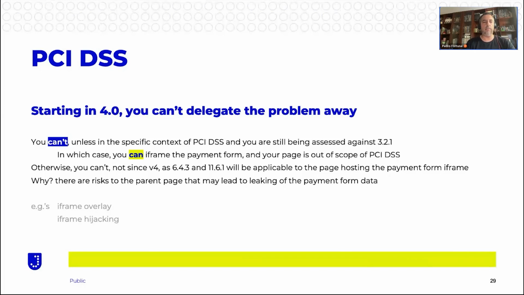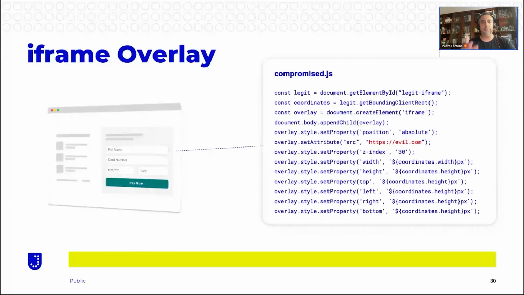I'll give you a couple of examples. The first one is iframe overlay. It's pretty simple. In this attack, a compromised script running on the page will create a second iframe and place it exactly over the real iframe, therefore deceiving the user.